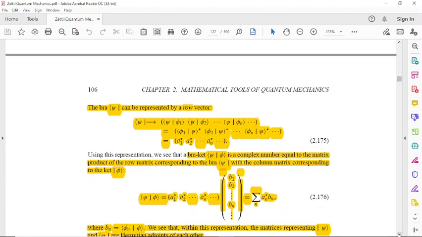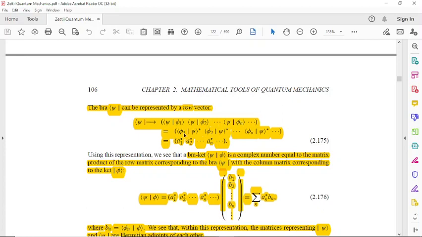Then a bra vector can be represented by a row vector. Bra psi is expressed in terms of the basis vectors: bracket psi phi 1, bracket psi phi 2, to bracket psi phi n, which is a row vector.